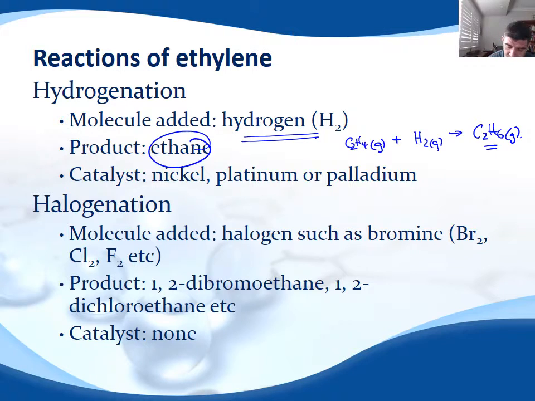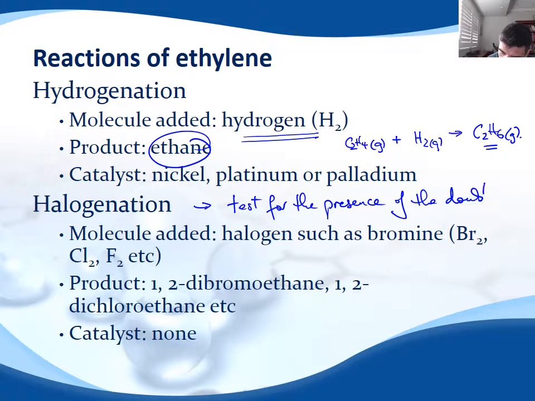Halogenation is actually the way that we test for the presence of the double bond. And you will be doing this in the laboratory to identify this reaction.